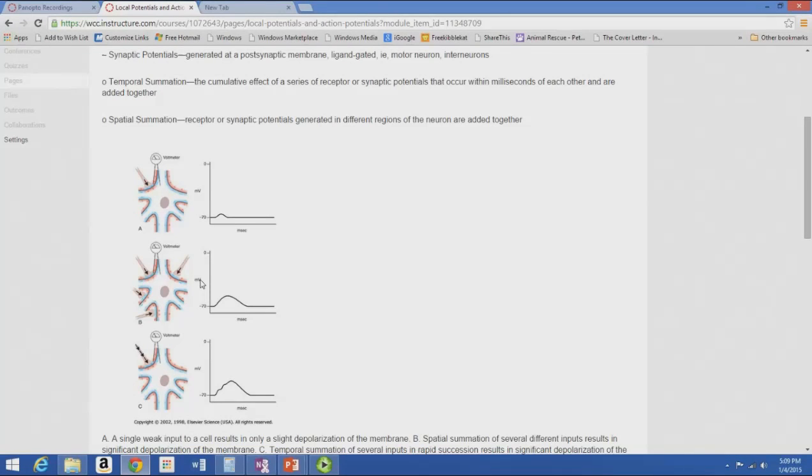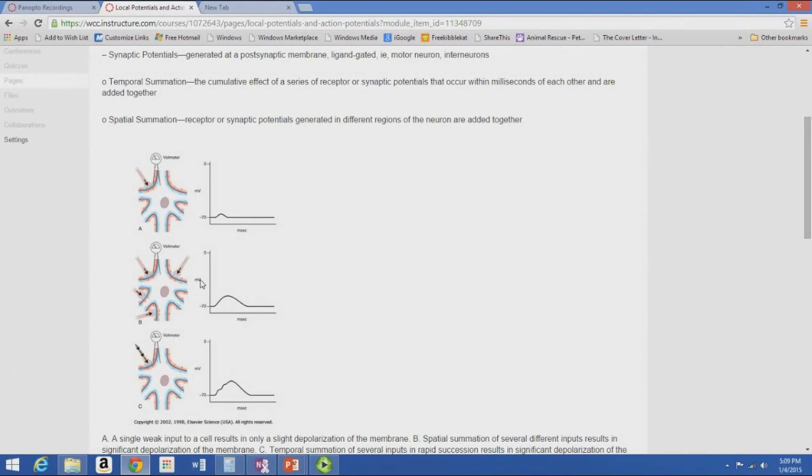Spatial summation is where you get receptor or synaptic potentials generated in different regions of the neuron that all add together. With the temporal summation, we're getting a lot of different potentials within milliseconds of each other from the same neuron. With the spatial summation, we're getting them from a bunch of different neurons all over our target cell.